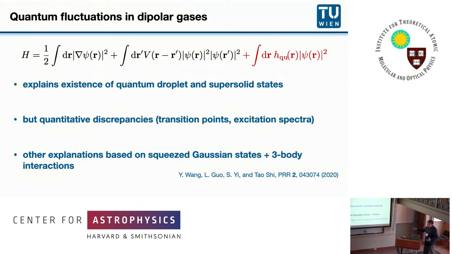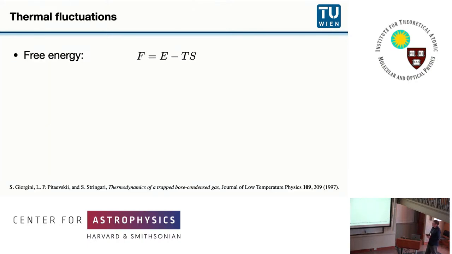There are other theories, for example, based on weak three-body interactions and variational principles of squeezed Gaussian states, that also describe experiments fairly well. So even after all those years, there are still quite some discussions going on, even though this is a fairly old problem, just talking about BECs. But adding these dipolar interactions makes things different.